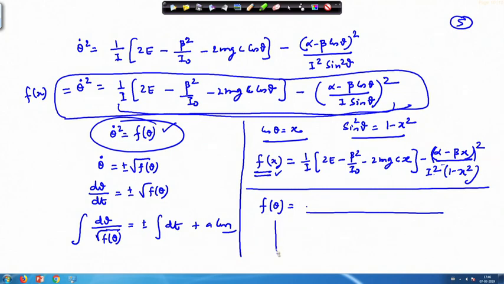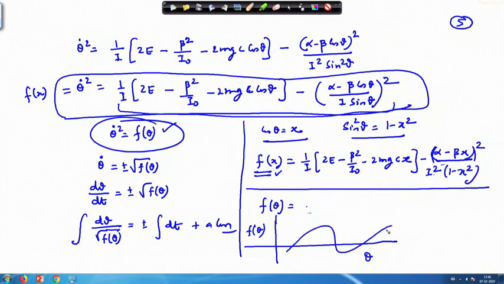Now, if we plot here f x or f theta against theta on this axis, you will get a certain kind of curve.